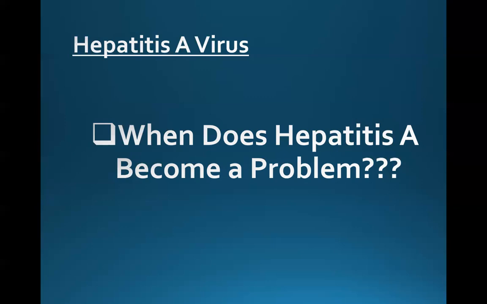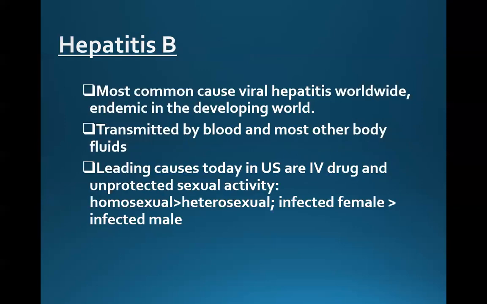So what do you do in this case? For someone who has chronic liver disease, let's say chronic hemochromatosis, you go and vaccinate against everything that you have vaccination for, right? In this case, you will vaccinate them against hepatitis A, and you will vaccinate them against hepatitis B. Let's say that your patient is a chronic Hep B patient.